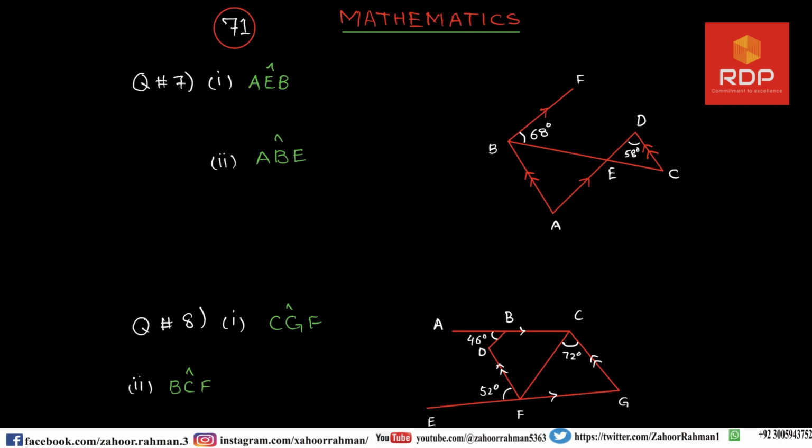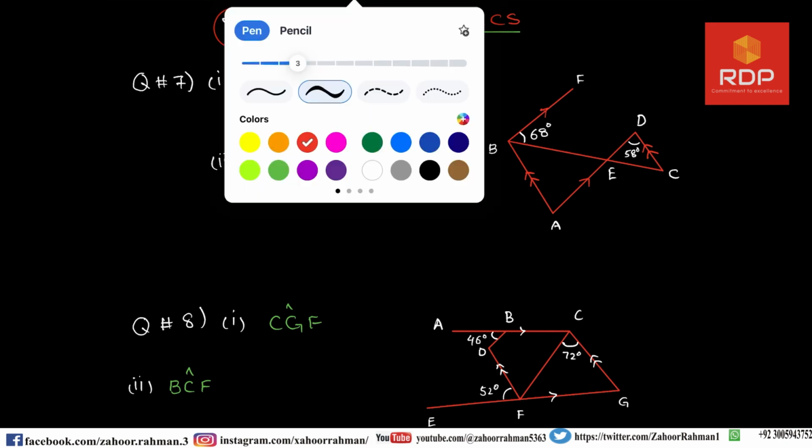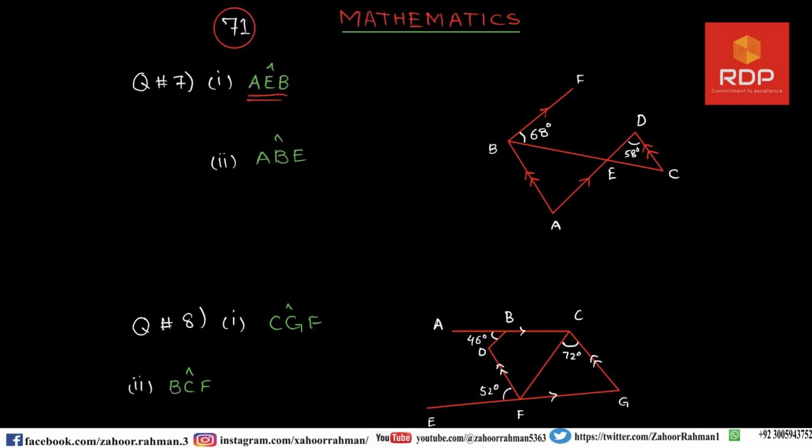In the first part, they are saying to find AEB, which is this angle. Ladies and gentlemen, by looking at it, we can say that this line and these two lines are parallel, and you have to consider this line as the transversal line.